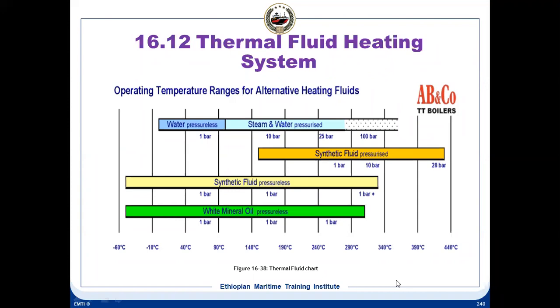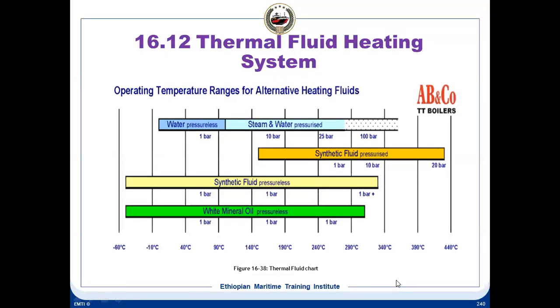At temperatures above 100 degrees centigrade, water and steam require a correspondingly higher operating pressure, and these higher temperature levels are often required to achieve the necessary heating requirements of the process or the system.